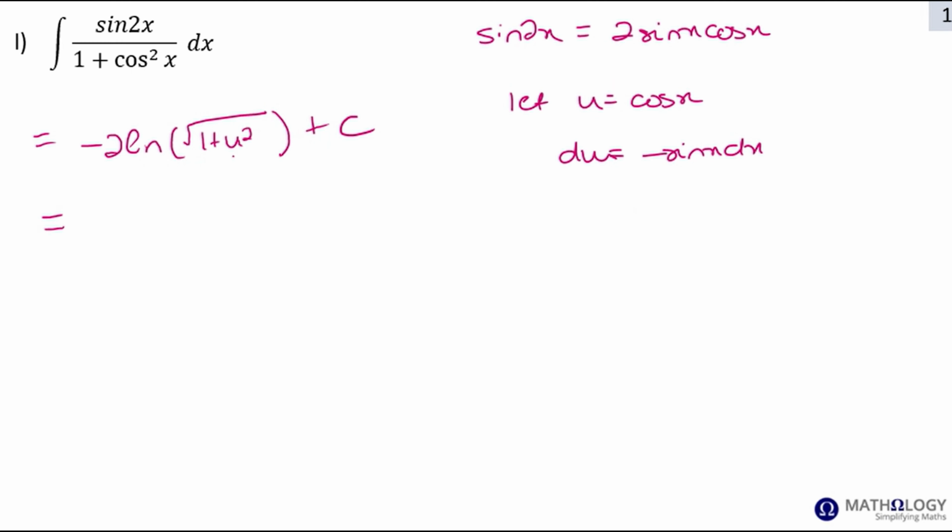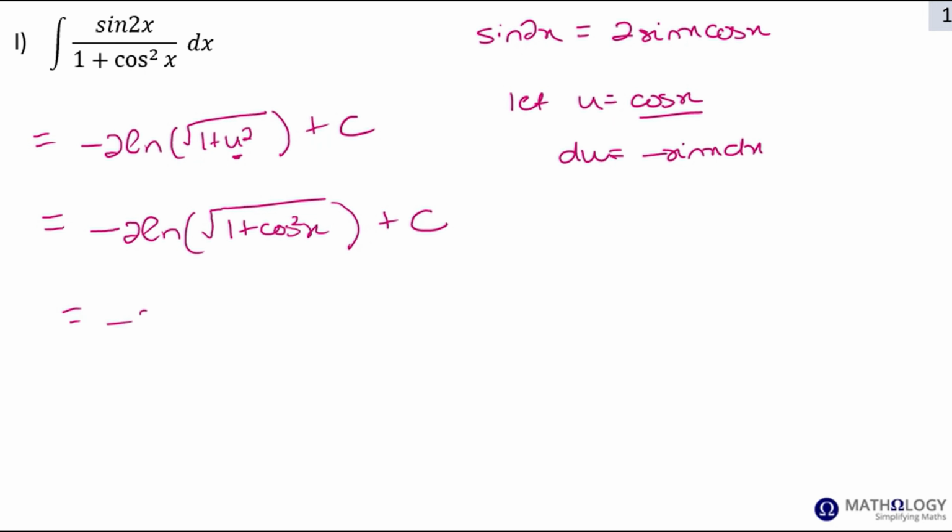Now this u over here must be expressed in terms of cos x, which was the first u substitution. So that's minus 2 ln root 1 plus u, where u is cos x, so u squared will be cos squared x, plus c. We can remove this root sign.